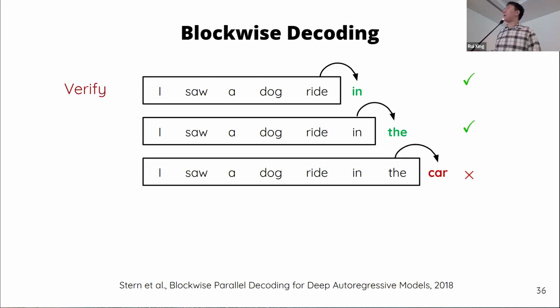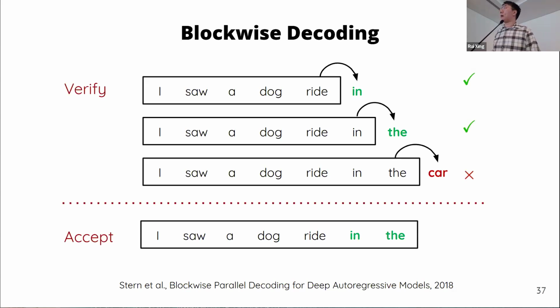We can see here the first two tokens, "dog" and "in the", are accepted by the model, but the "car" token is rejected by the model. After accepting, the sentence will be decoded as "I saw a dog in the", and then it will iterate this procedure to generate more tokens.